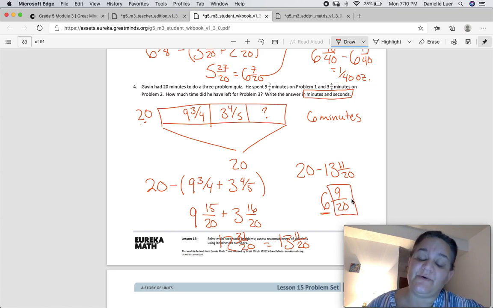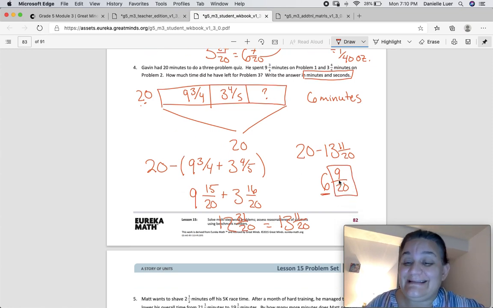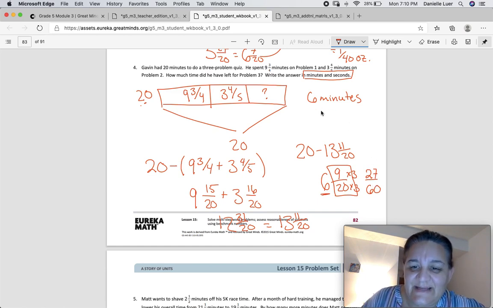Well, you know that 1 minute is 60 seconds. So all we'd have to do is multiply that by 3 and this by 3, and that would give us 27 out of 60. So it's actually 6 minutes and 27 seconds.